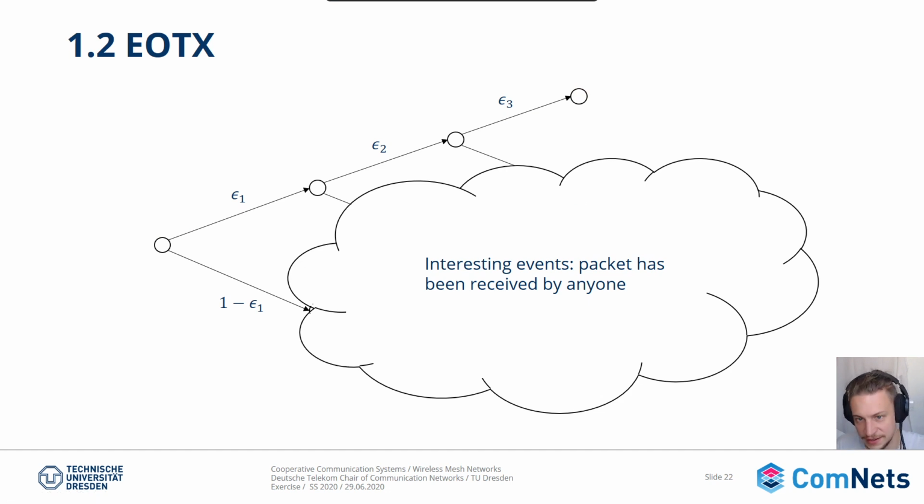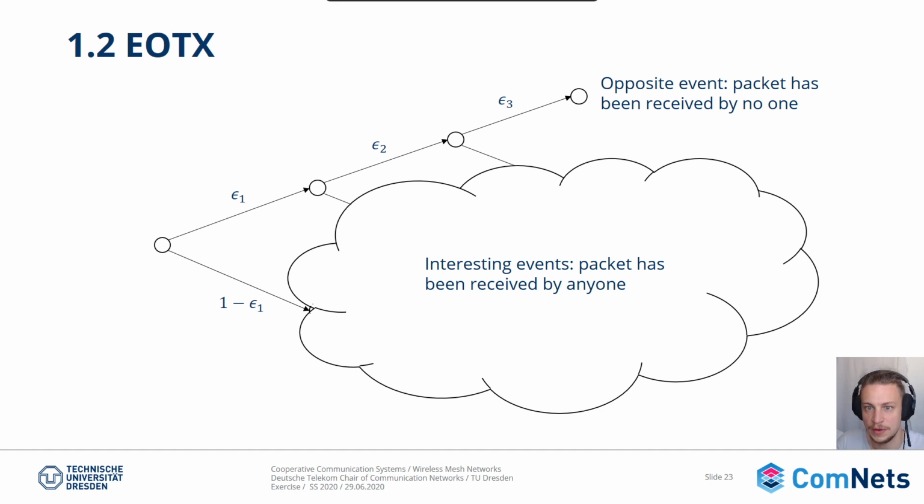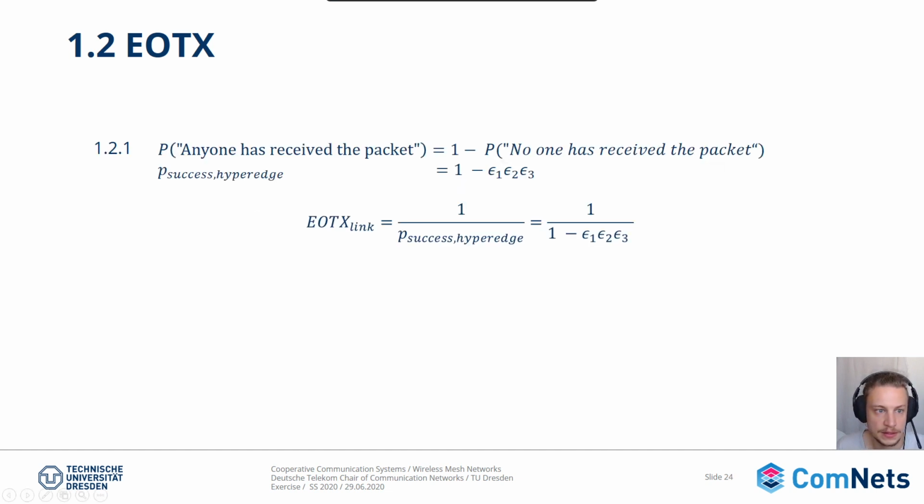Visualized by this cloud here, and as you know from stochastics, we can calculate all those interesting events here via calculating the opposite event and then subtracting this from 1. So the probability for anyone receiving the packet is 1 minus the probability of no one receiving the packet, which is the same as the probability of success of the hyper edge, being all outgoing edges of a node in a broadcast medium, equals 1 minus the failure probability.